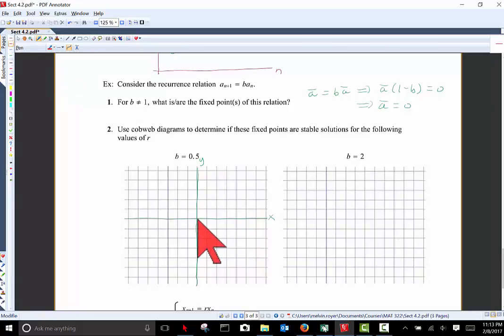One is I'm going to draw the line y equals x for reasons you'll see shortly. So here's y equals x. And then I'm also going to draw the line y equals 0.5x because 0.5 is my constant that appears. So that's a line with positive slope but half the value. So it goes through points like this.